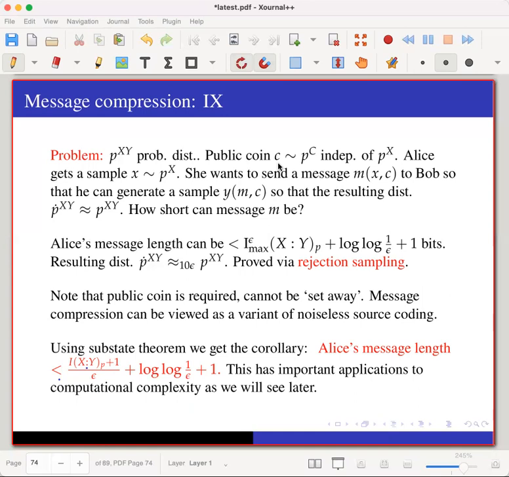Now let us say my coin decides whether to take the first distribution or the second distribution. For each instance of the coin, what I get is a concentrated distribution. It's nowhere close to the half-half distribution. But when I average over the coin, I get the half-half distribution. Something like that is happening here. Is that clear?